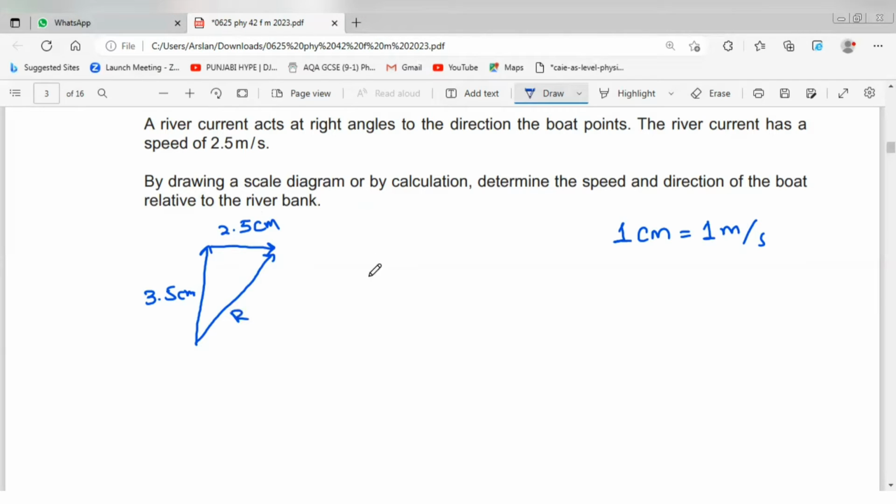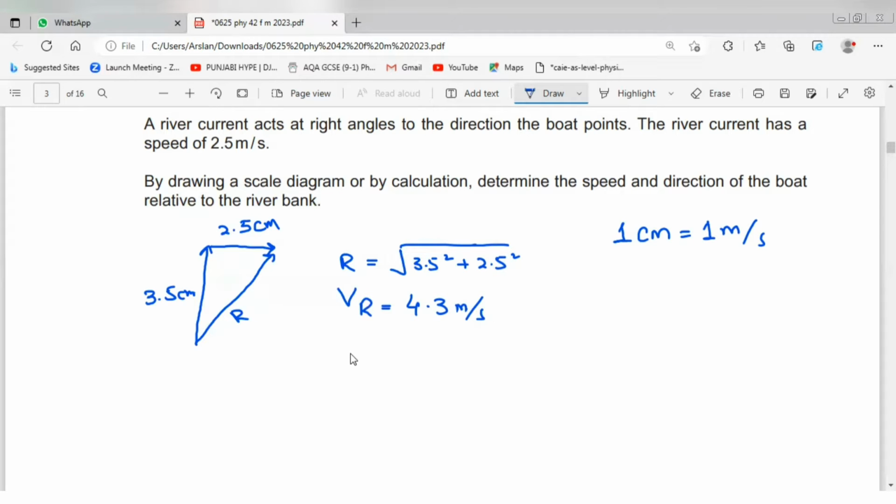Now you can easily find the resultant vector by R is equal to square root of 3.5 squared plus 2.5 squared. So you will get R is equal to 4.3 centimeter. It means meter per second. This is the resultant velocity.